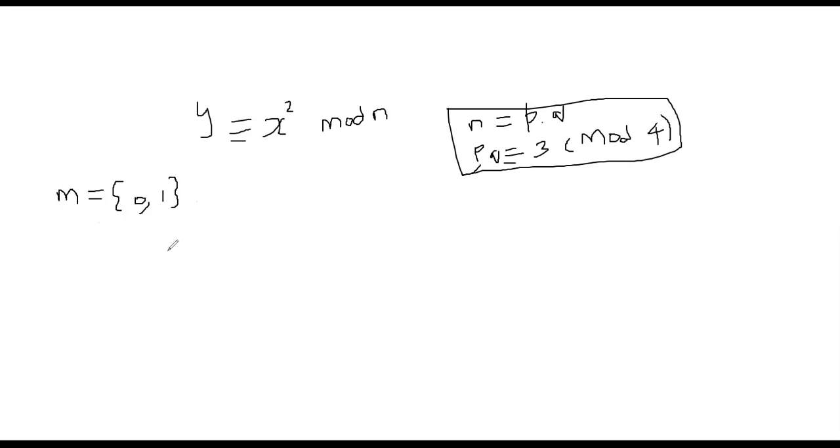So how is the encryption going to work? Let's say Alice wants to send a message m to Bob, where m can be either 0 or 1.